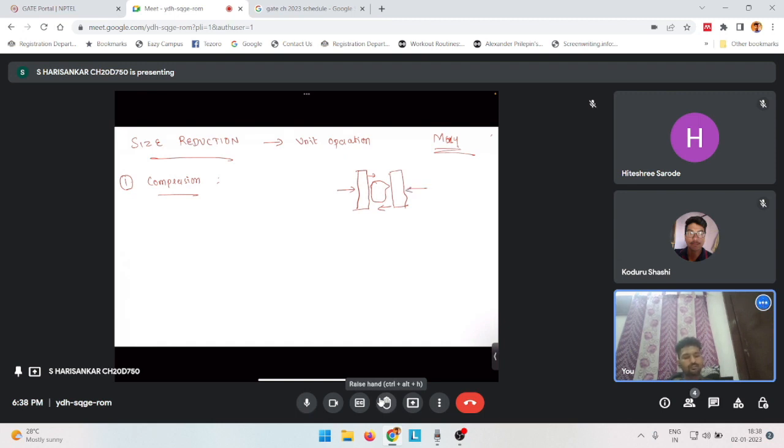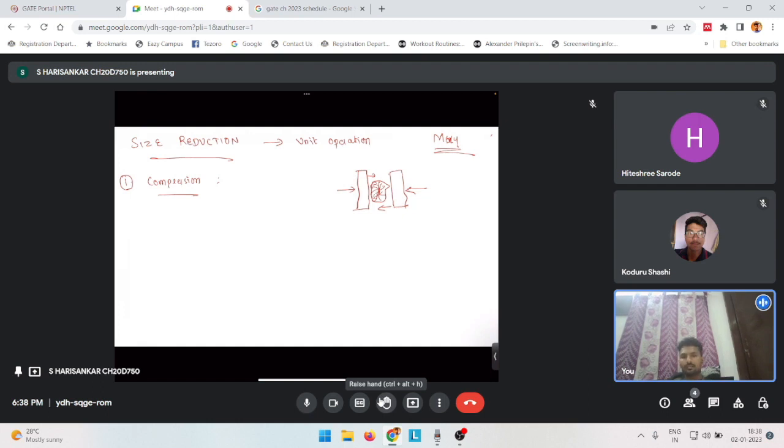Because of this force applied on the particle, it will start to crack and form various different products. This is the very simple layman definition of the compression principle of size reduction.